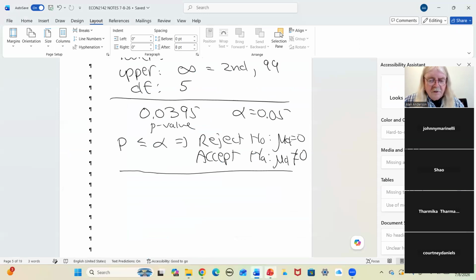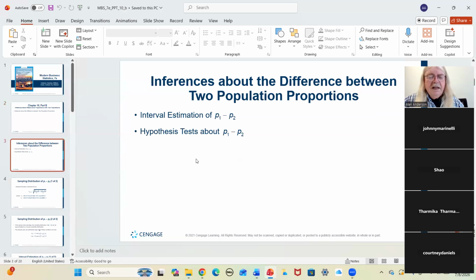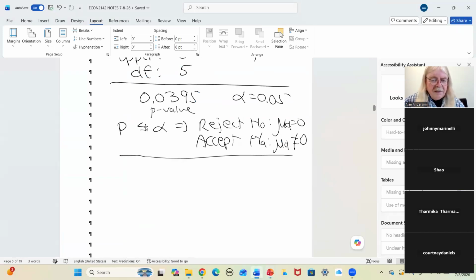So let's go on to part B, where we introduce hypothesis testing for two proportions. And just a quick reminder, the book uses P for the population proportion. First, let's remind ourselves what we're doing here.